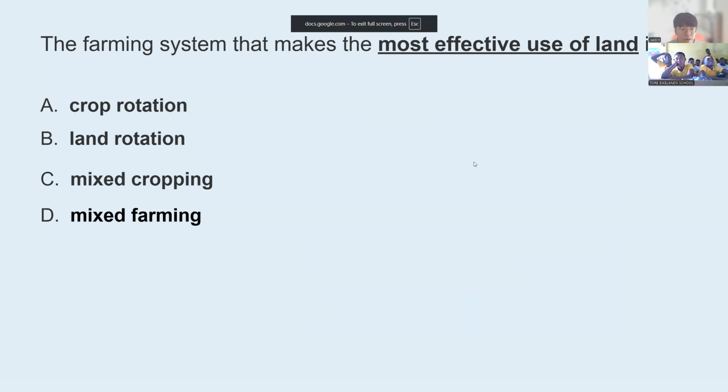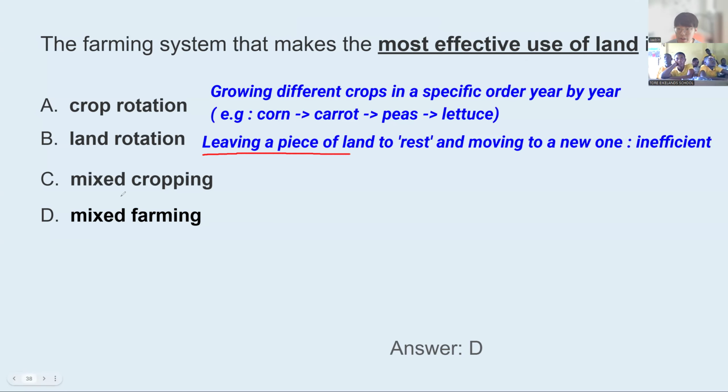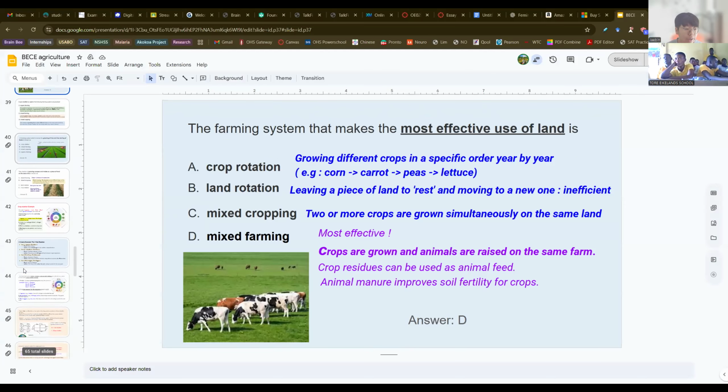So we talked about land rotation here, right? Land rotation is leaving a piece of land to rest and moving on to a new one. So we can see that the farmer is doing that here.